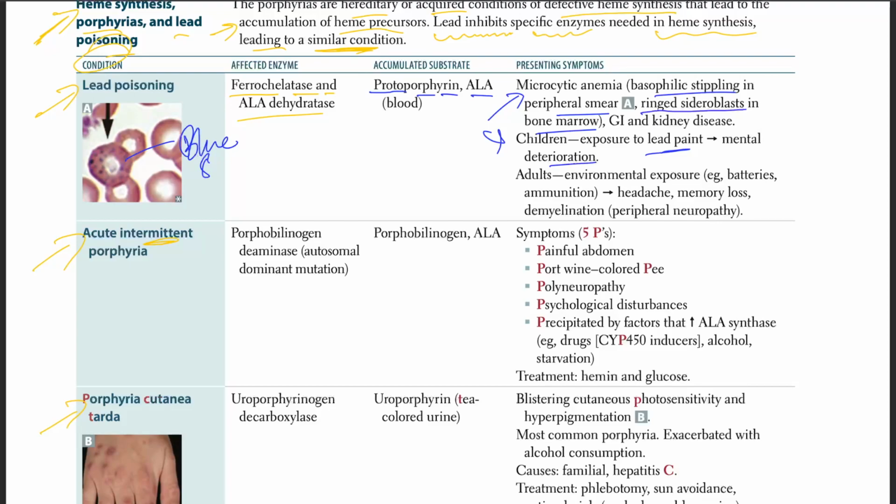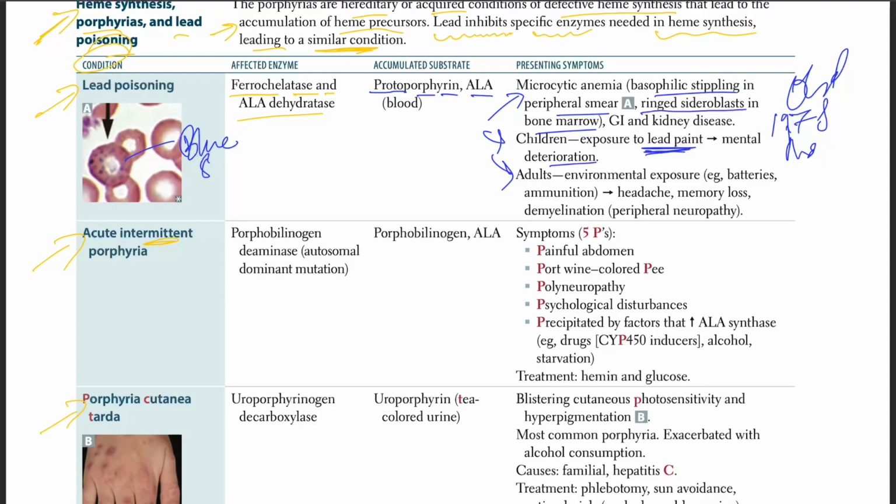And they were specifically telling about 1978 houses, old houses with lead paint, which leads to mental deterioration.